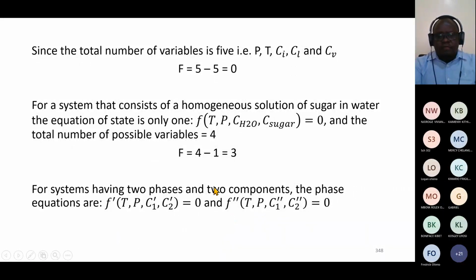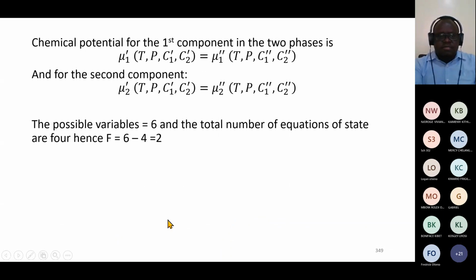So here we have 2 equations of state. Now, because we have 2 phases, we also have chemical potential equations for each of the 2 components. So the chemical potential for the first component in the 2 phases is given by this.